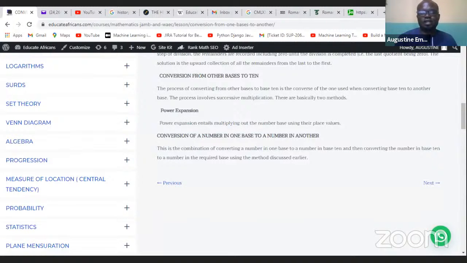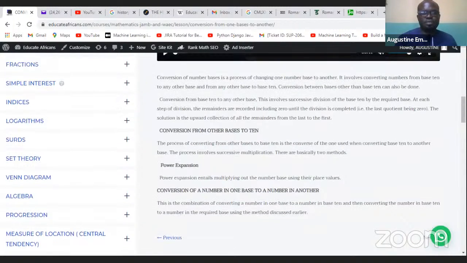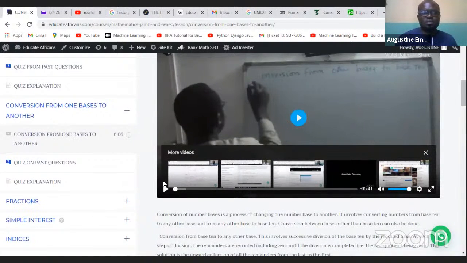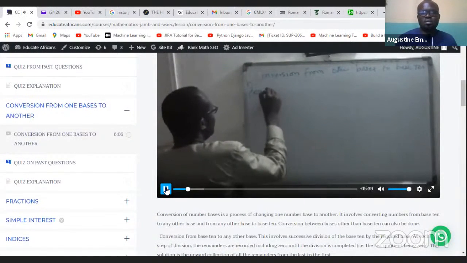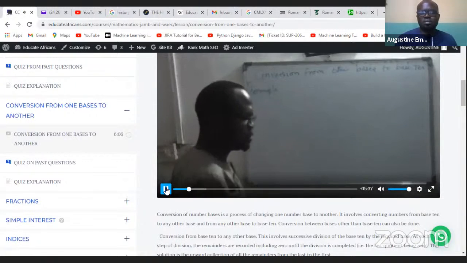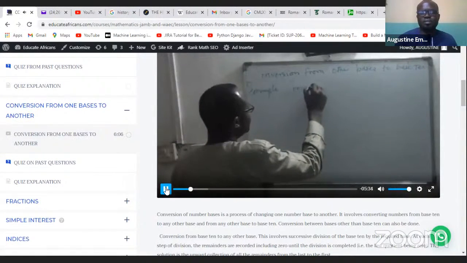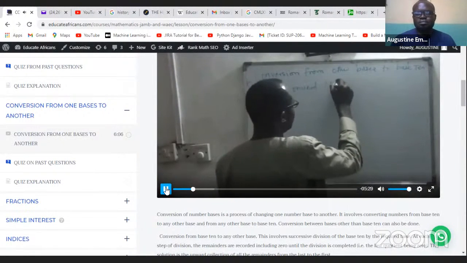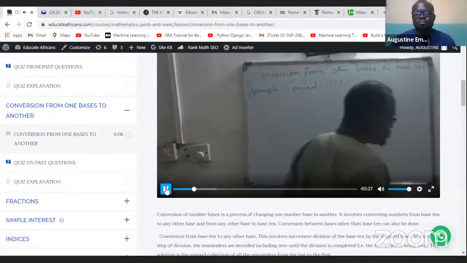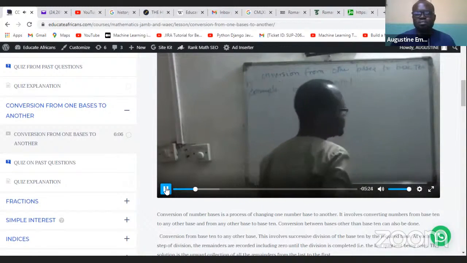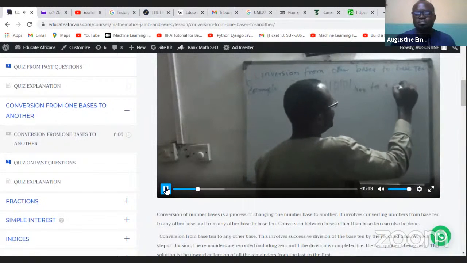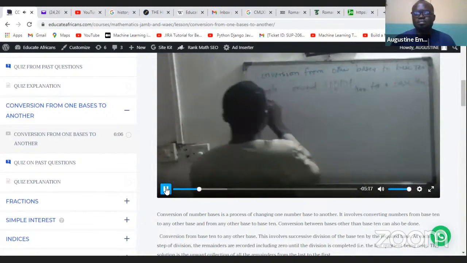So let's try to convert, for example, 110101 base 2 into a base 10 number.